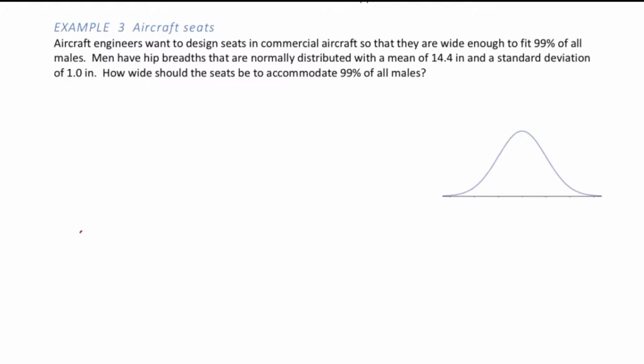So let's start with the mean. And add 3 standard deviations. And then subtract on the left 1 standard deviation at a time until we're 3 standard deviations below.